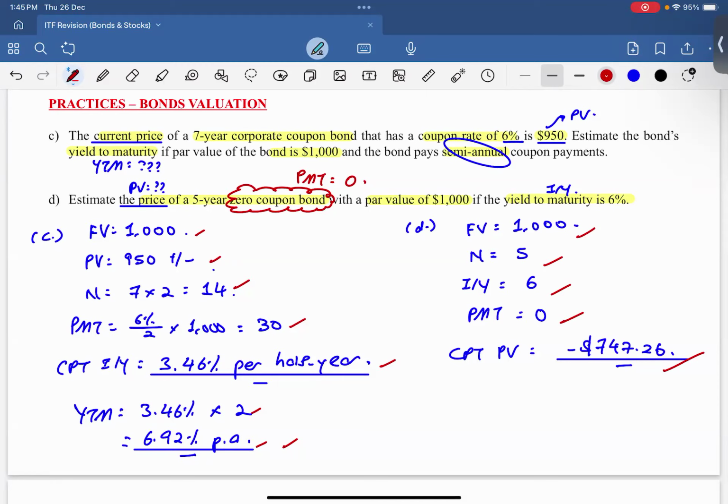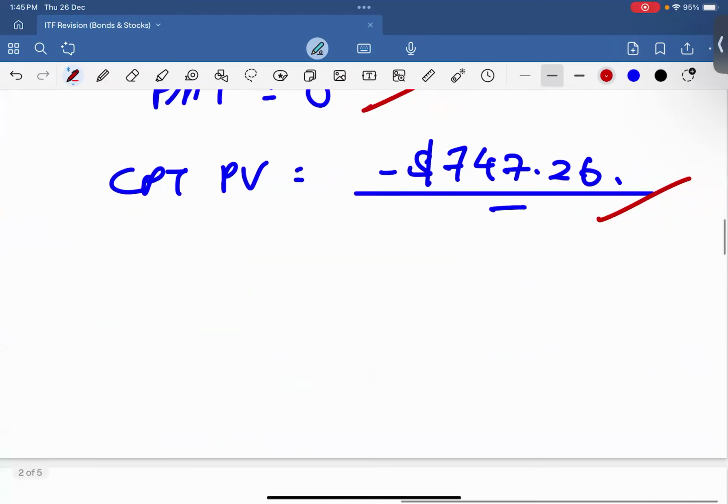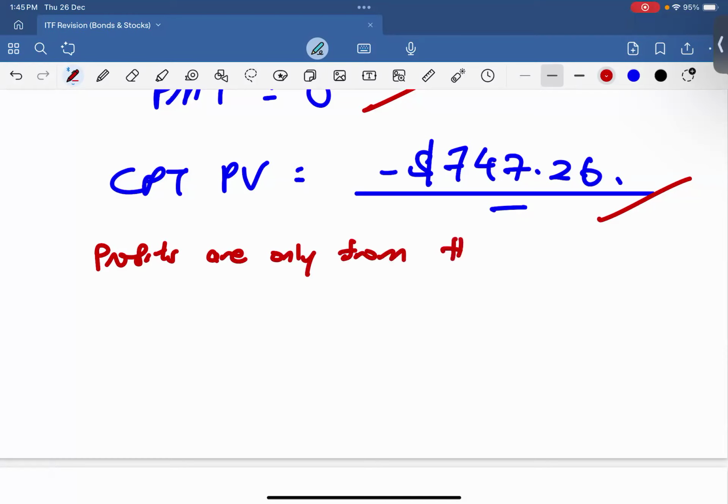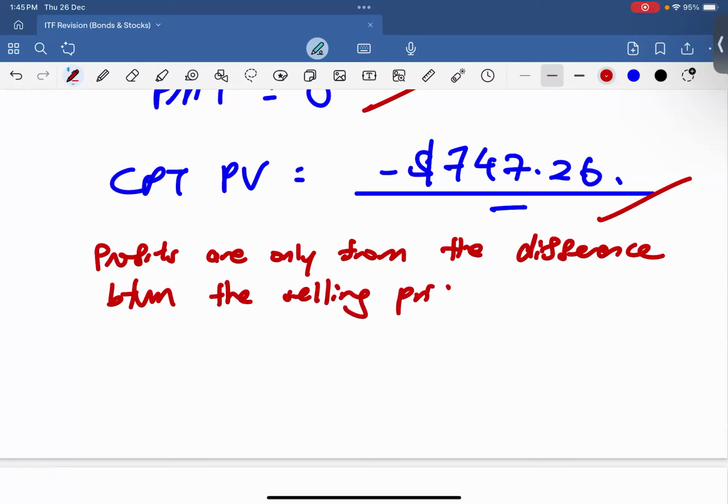So how do you make money from this investment? Usually you make profits only from the difference between the selling price and the bond's par value.